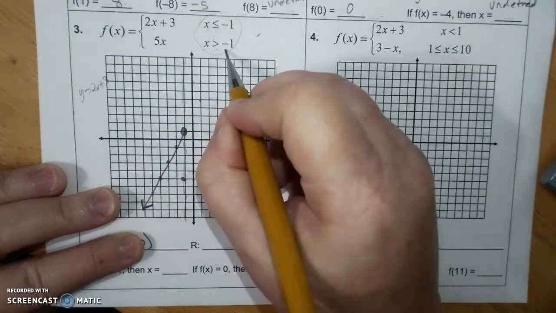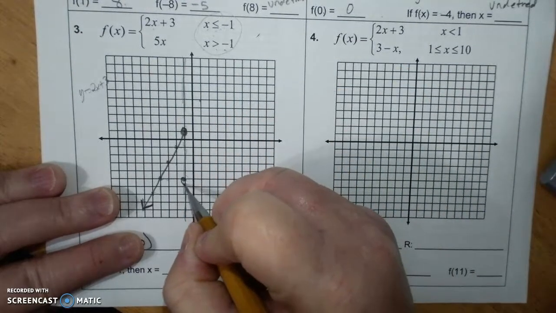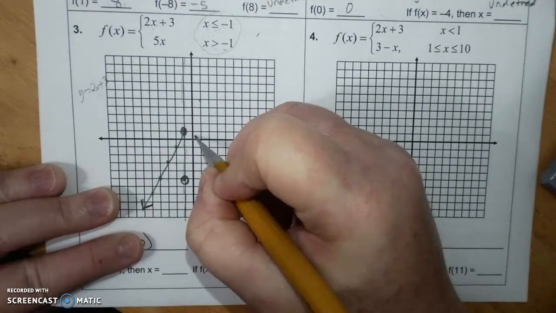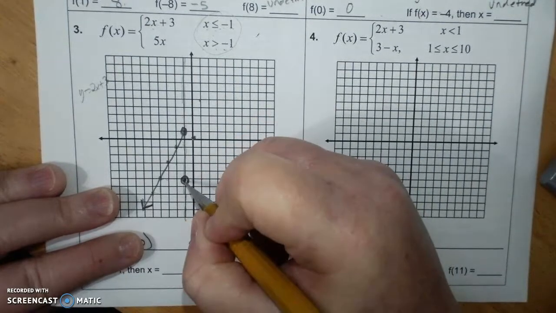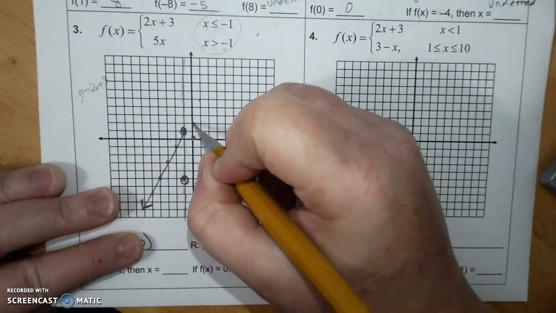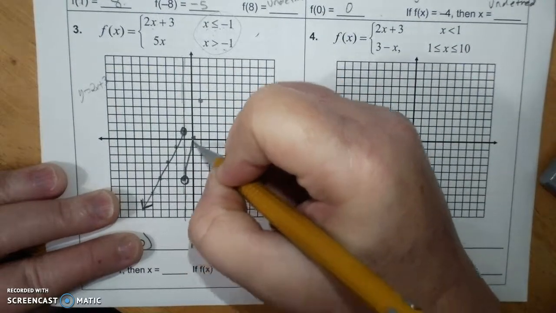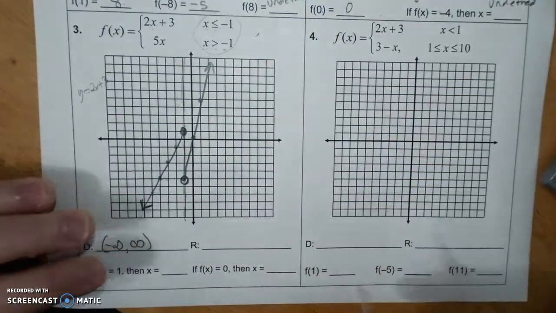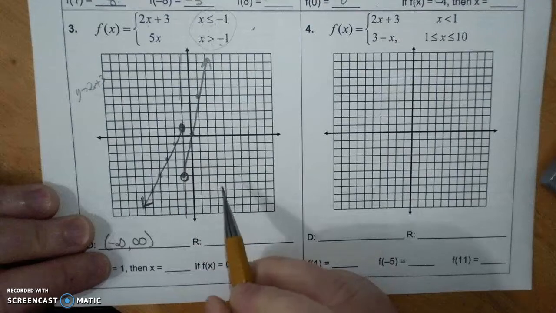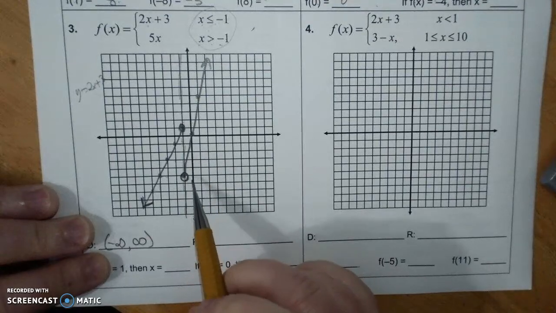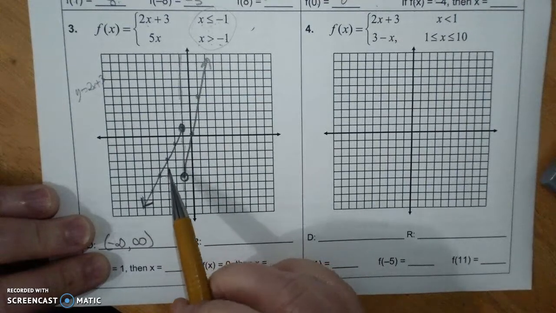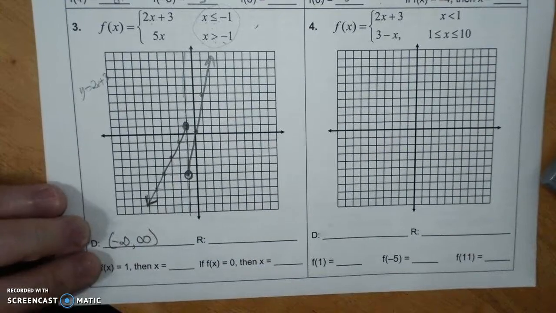But because it doesn't include negative 1, that's going to be an open dot. And that's a pretty steep one. And so I have it graphed.